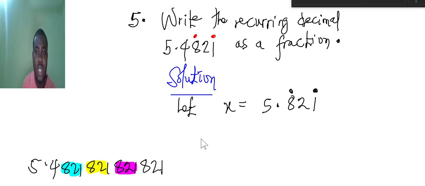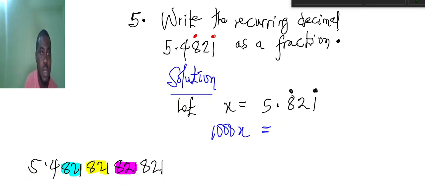Okay, so we have 1000x equal to, now our usual method of multiplying this one by 1000 is to multiply the whole full length by 1000. So I could just move this decimal 3 places forward, 1, 2, 3. So the new position of the decimal is here.